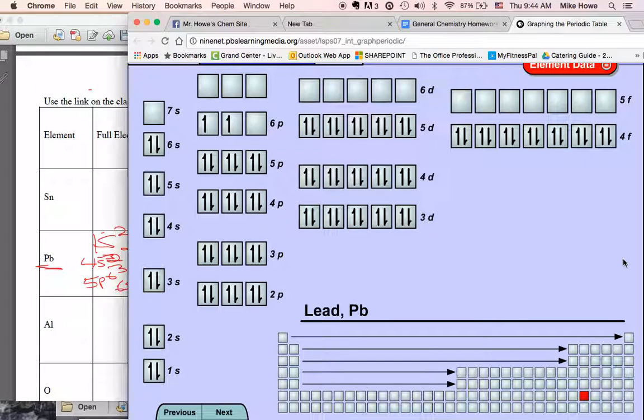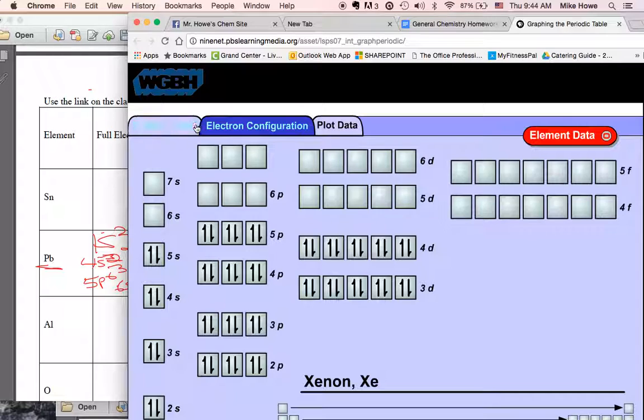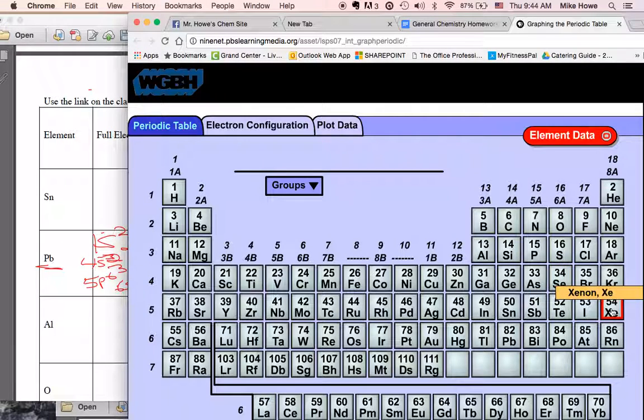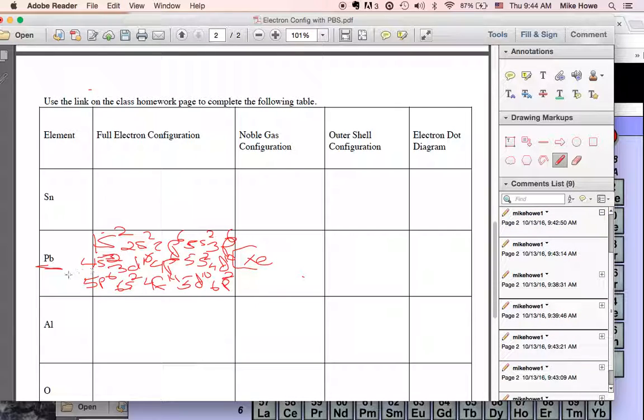So let's go over here. Here's xenon. Xenon right there. And if you click on it, it shows 54 electrons. Right here, 54. So moving back over here, if you count 54 electrons, you're going to end right after the 5p6.